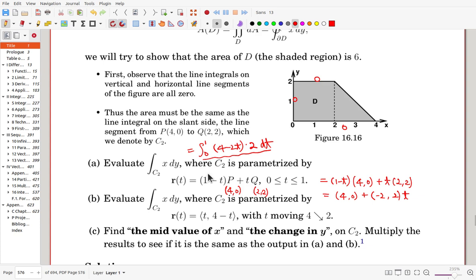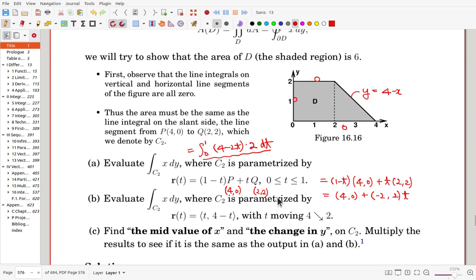You may also parameterize this one using this line, y equals 4 minus x. Once you choose x as t, then y must be 4 minus t.